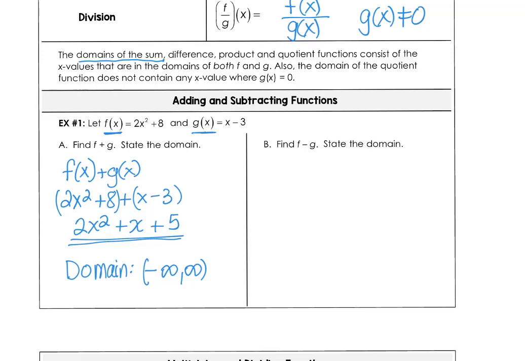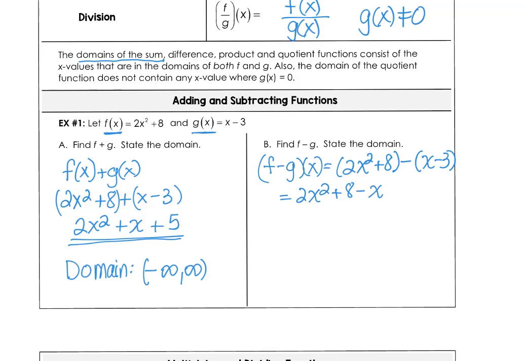When we look at part B, f minus g of x, you've got to be careful with the subtraction. So 2x squared plus 8 is our f function, and we're going to subtract the entire g function. So here you've got to distribute the subtraction through the g function, which is going to give us minus x and plus 3.